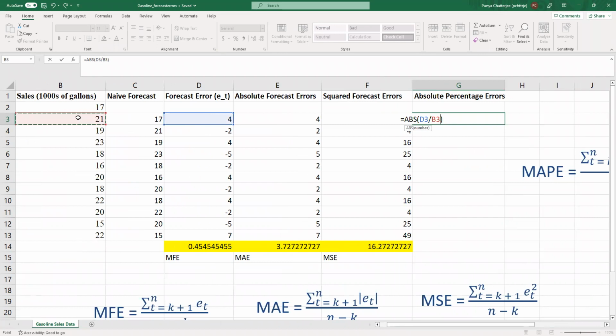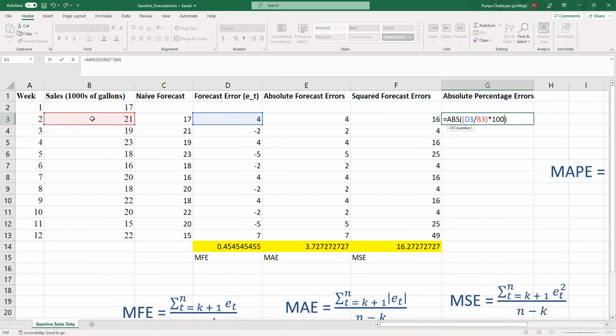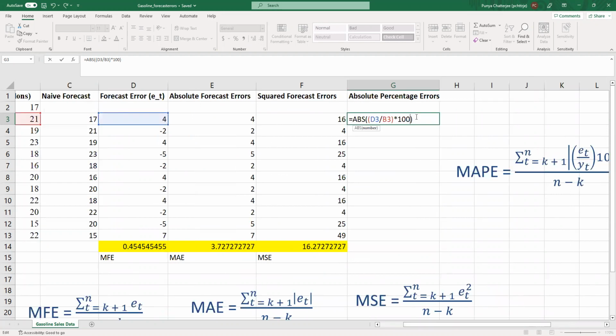Okay. And then you want to multiply that by 100, right? To get the percentage. There you go. So you have this number right here. So absolute of ET by YT, so the forecast error divided by the data itself, multiplied by 100, and you're taking the absolute.